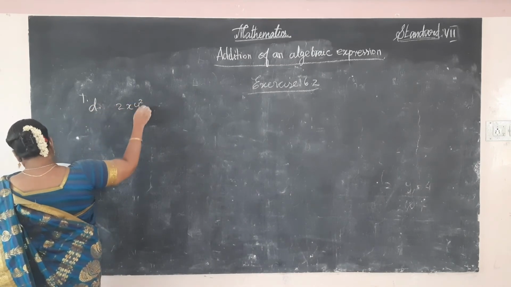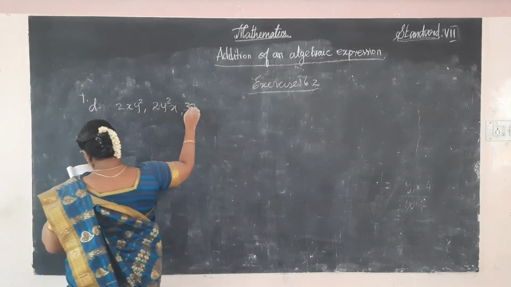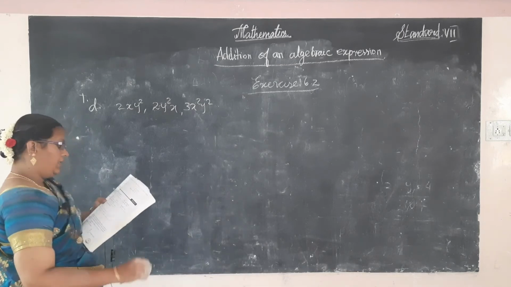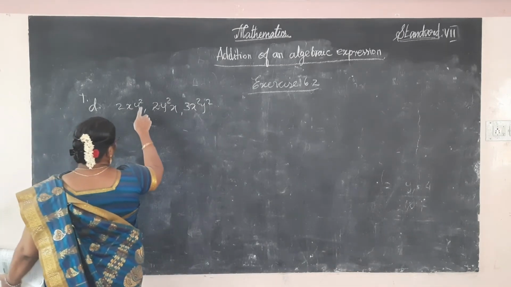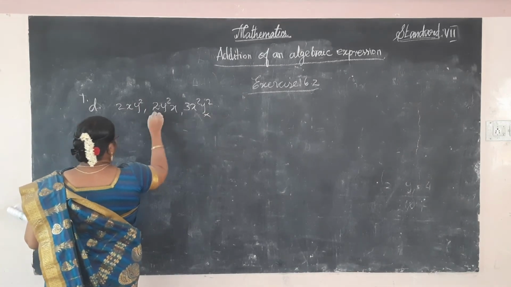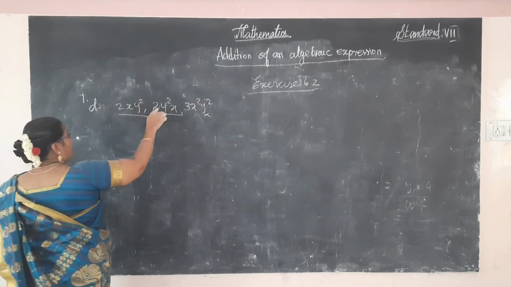2xy squared, 2y squared x, 3x squared y squared. Pick the like terms first. What are the like terms here? 2xy squared, the xy squared term is there. These two are the like terms, xy squared and xy squared.